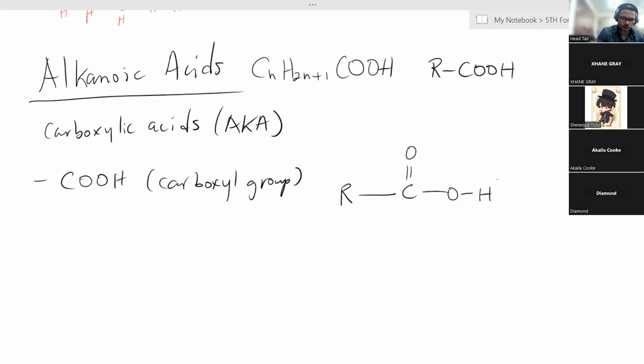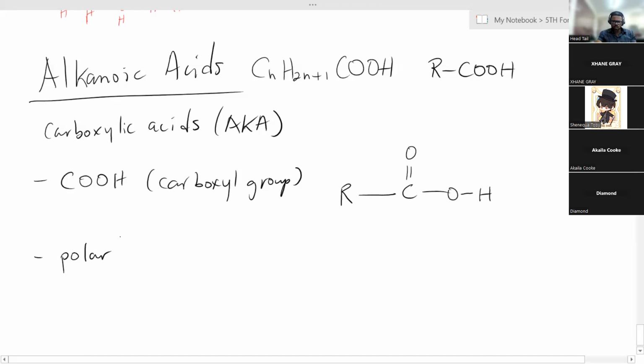So what do we know about alkanoic acids? They are polar in nature. Last time we explained what polar means: the oxygen, which is the electronegative part of the molecule, pulls electrons to itself, making the hydrogen exist as a positive charge.